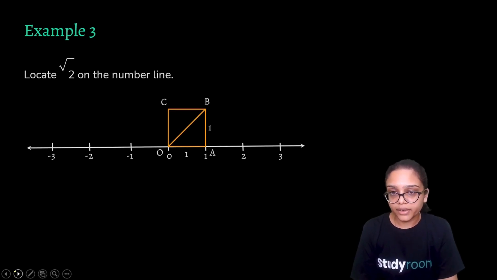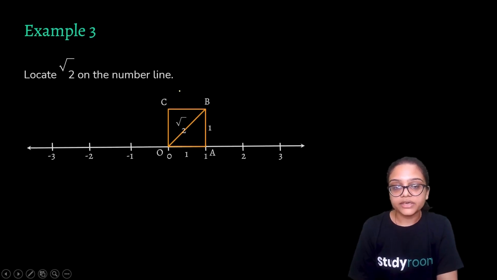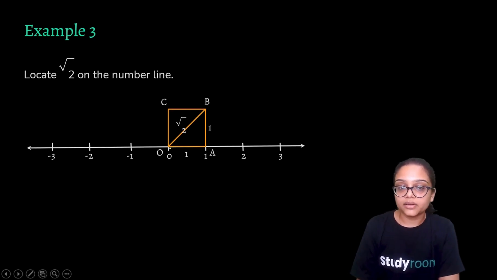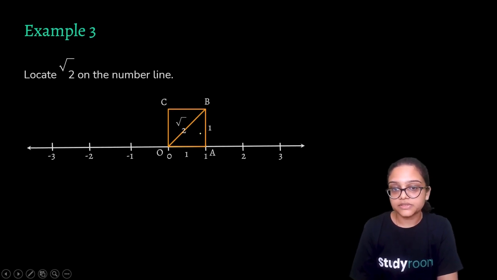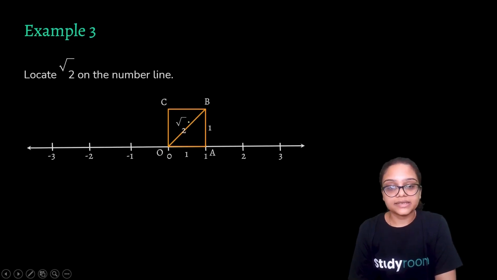In a right angle triangle, the sum of the squares of height and perpendicular is equal to the hypotenuse square, right? So according to that formula, we arrive at a conclusion that 1 square plus 1 square is 2, and 2 is equal to hypotenuse square, which says that OB is equal to root 2. So in this way, we have drawn root 2.